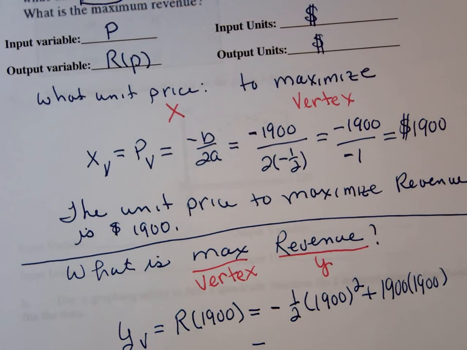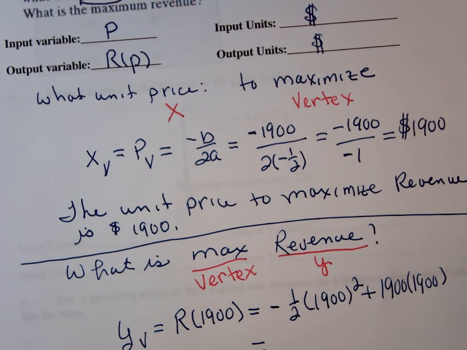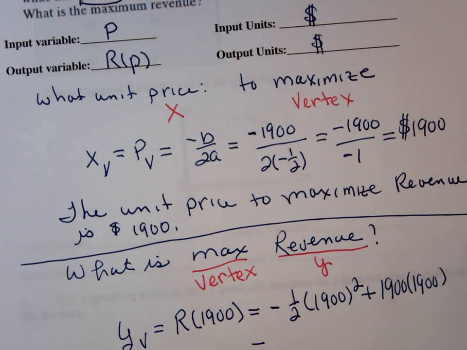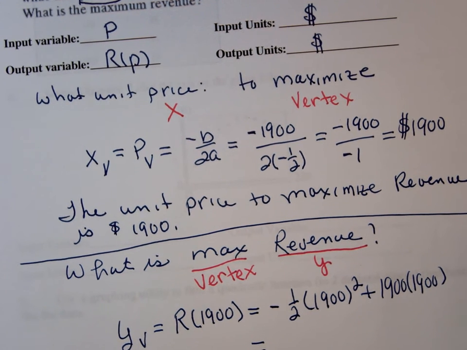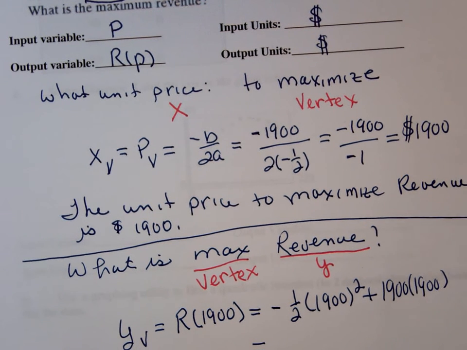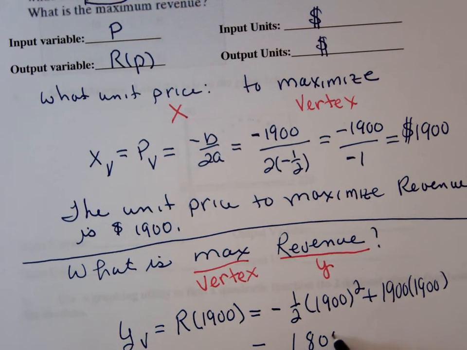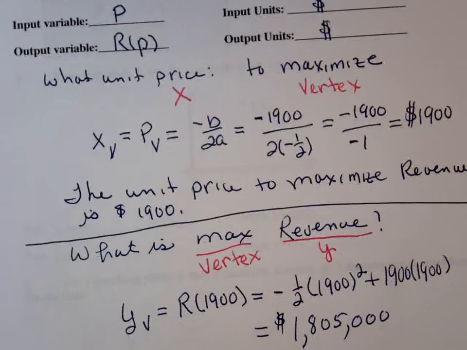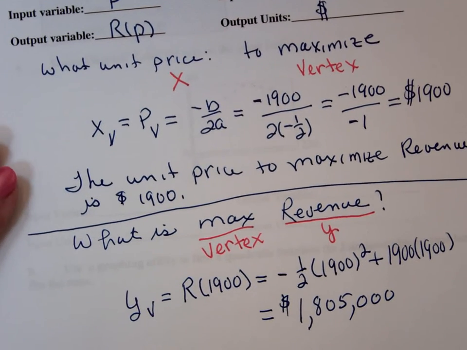And instead of being cutesy with this, I will just go ahead and use my handy dandy little calculator. Negative 1/2 times 1900 squared plus 1900 times 1900 is 1,805,000, which is $1,805,000.